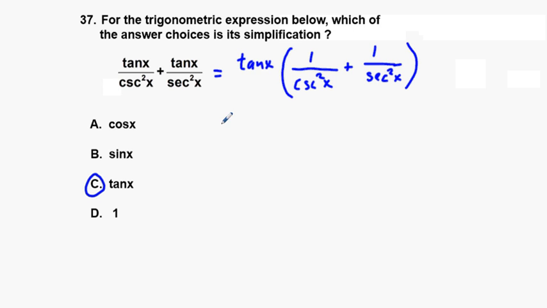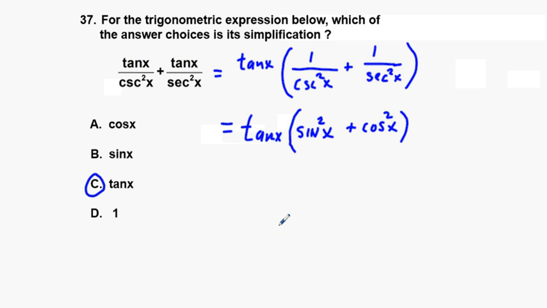And our reciprocal identities tell us that 1 over cosecant squared x is sine squared x, because sine x is the reciprocal of cosecant x, and 1 over secant squared x is cosine squared x.